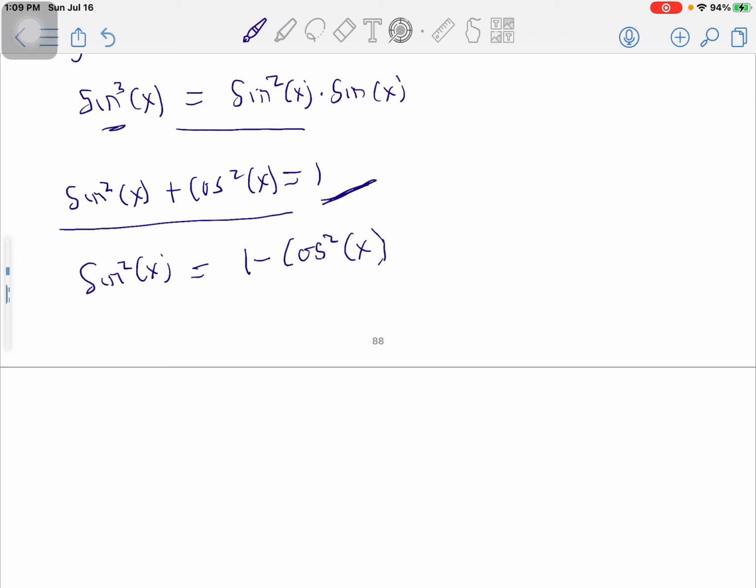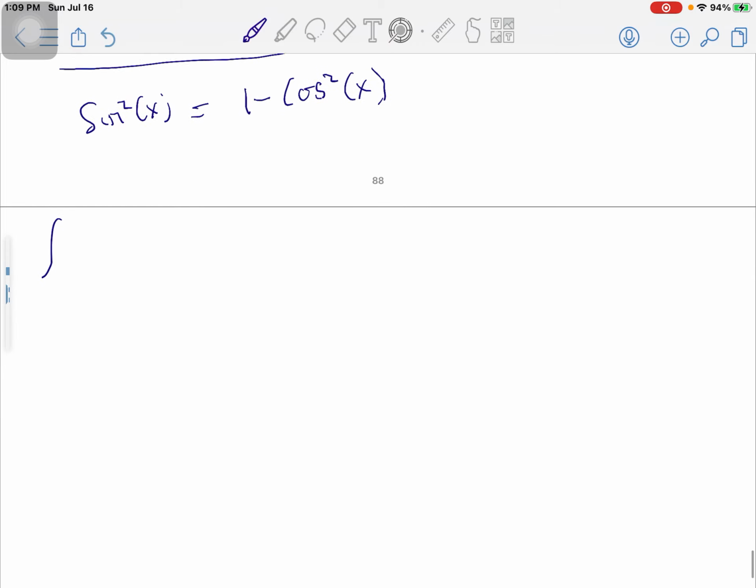Now, as I said, based on this trigonometric identity, sine square x plus cos square x equal to 1, we can say that sine square x equals 1 minus cos square x.